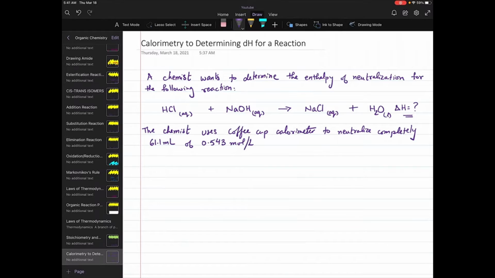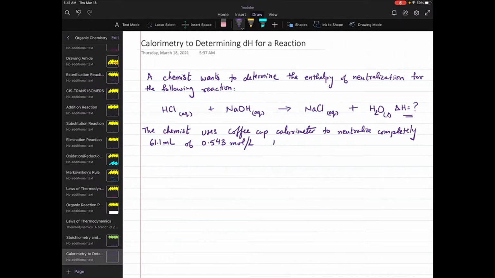When it says 61.1 mL, mL or milliliters is a unit for volume, the amount of space a substance is taking. So in this case, the volume is 61.1 mL. And then it says of 0.543 moles per liter. Moles per liter is a unit for concentration. So in other words, they're saying the volume of the substance is 61.1 mL and the concentration is 0.543 moles per liter.